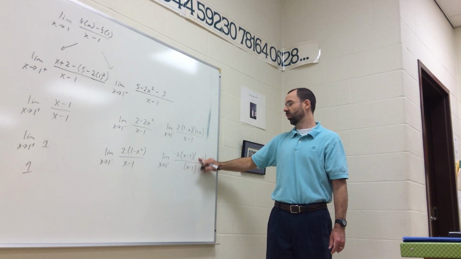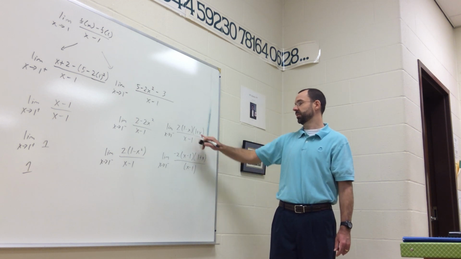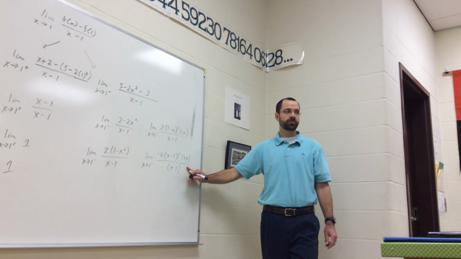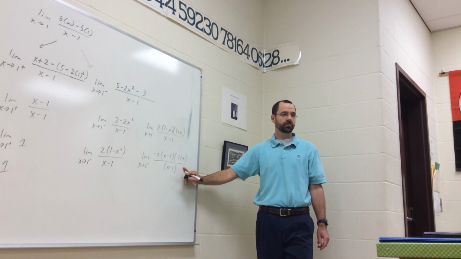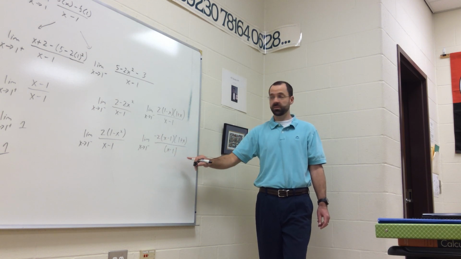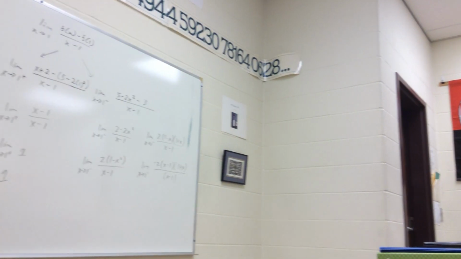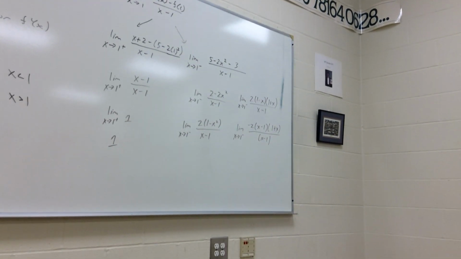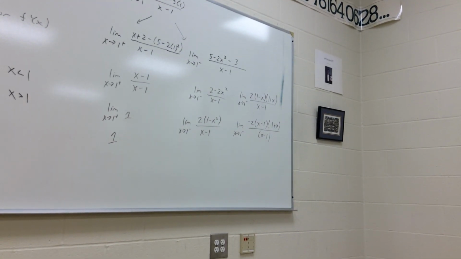Actually, put 1 plus x in your notes because this didn't change. And then that's nice, the x minus 1's cancel. I'm running out of space here. So it's the limit of negative 2 times 1 plus x. The negative side, yeah.